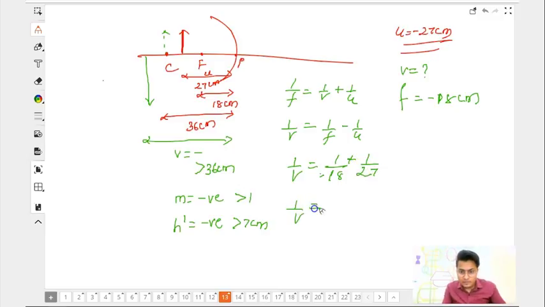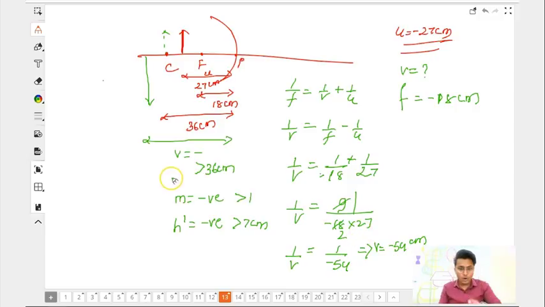I will get 1 by v is equal to 27 minus 18, which is 9, divided by minus 18 into 27. 9 ones are 9, 9 twos are 18, 9 threes are 27. I can see very clearly I am going to get a negative value. 1 by v is equal to 1 by minus 54. Hence v is equal to minus 54 centimeter. And look at that. You wanted a negative value, you got it.